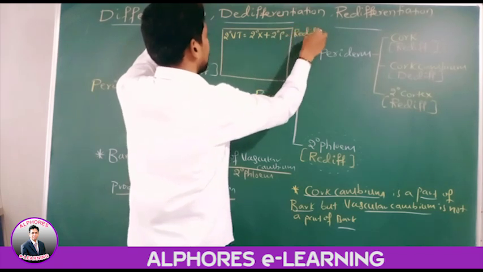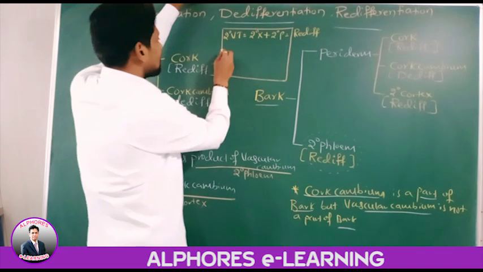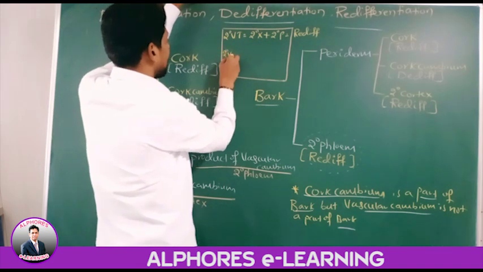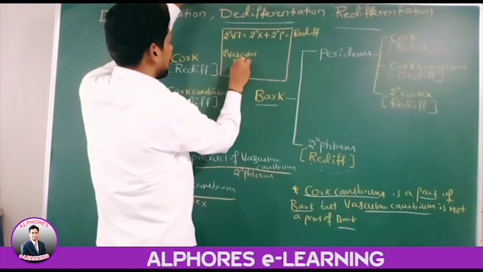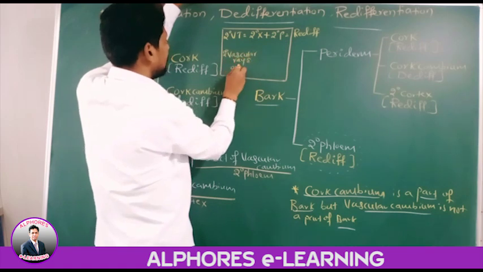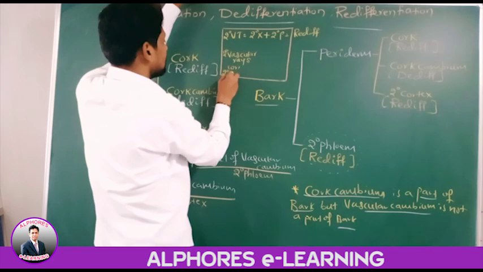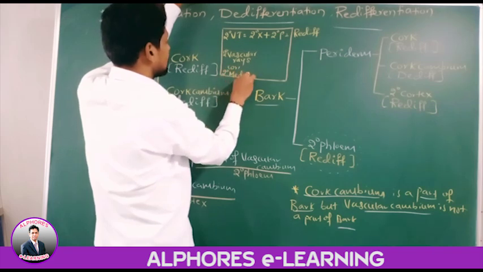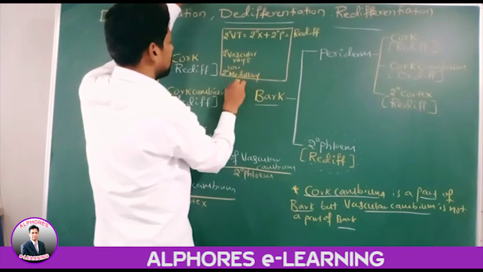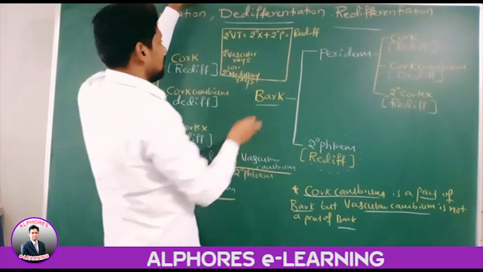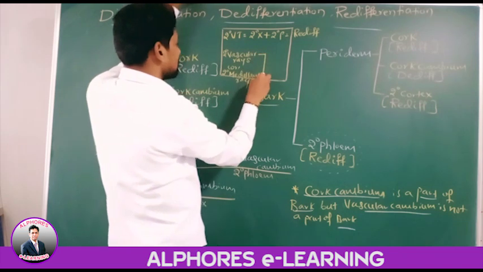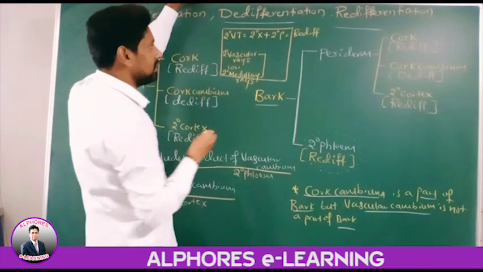Then what about secondary vascular rays? Another name for secondary vascular rays is secondary medullary rays. I am not saying primary medullary rays, I am saying secondary medullary rays.